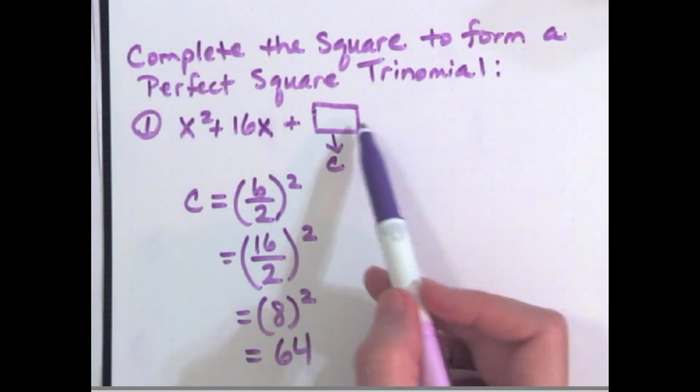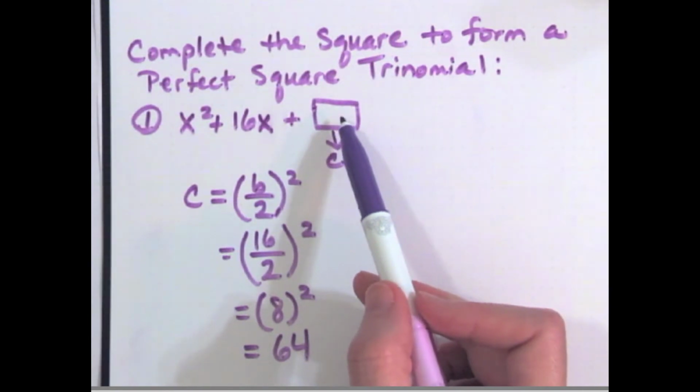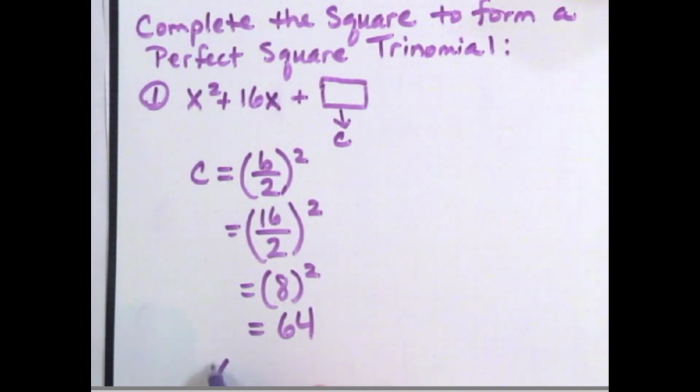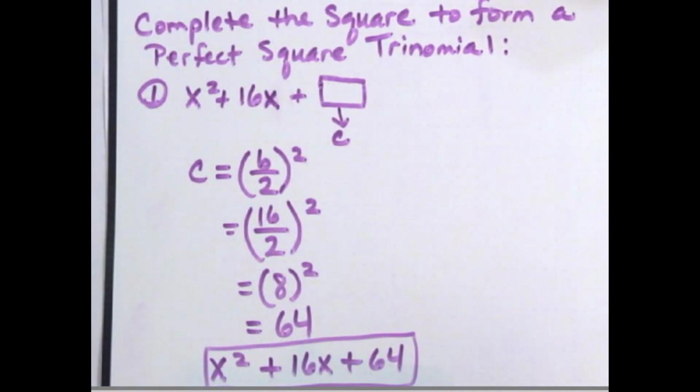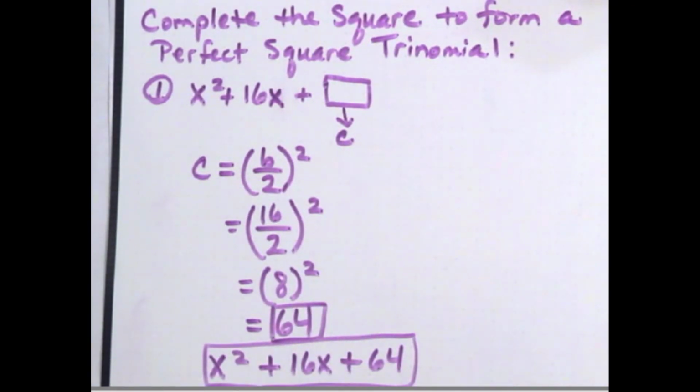So that is what would be needed to fill in our C. So the perfect square trinomial would be x squared plus 16x plus 64. So you might be asked for the whole trinomial. If you're just asked for C, then that's all you need right there, the 64.